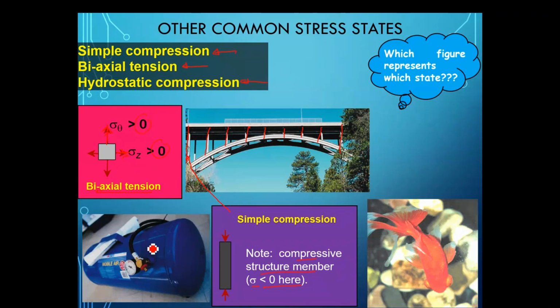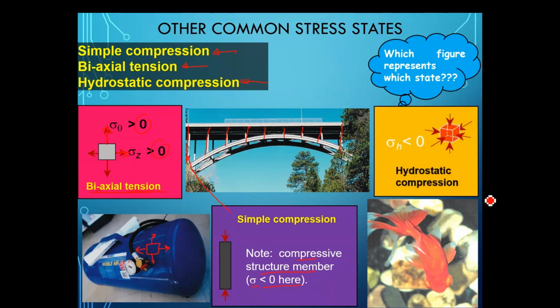In the cylinder, you have stresses acting in the longitudinal direction and the radial direction, so the surface of the cylinder is in biaxial tension. In the example of the fish underwater, you have hydrostatic compression, where the stress is acting uniformly in a compressive manner from all directions. All right. So these are other common states of stress.